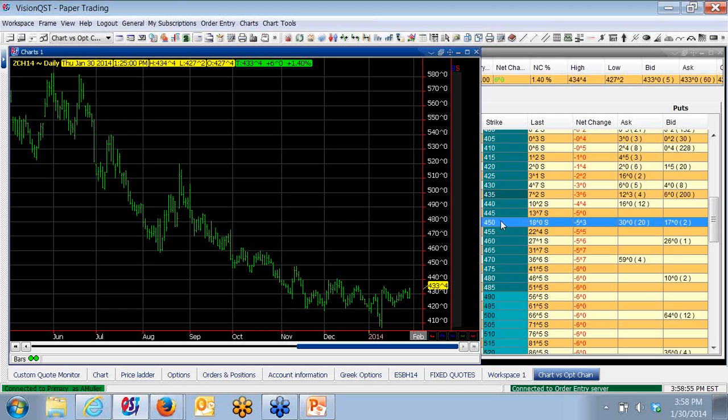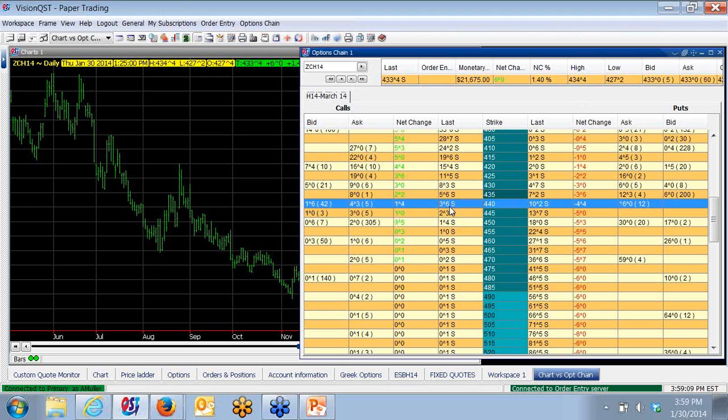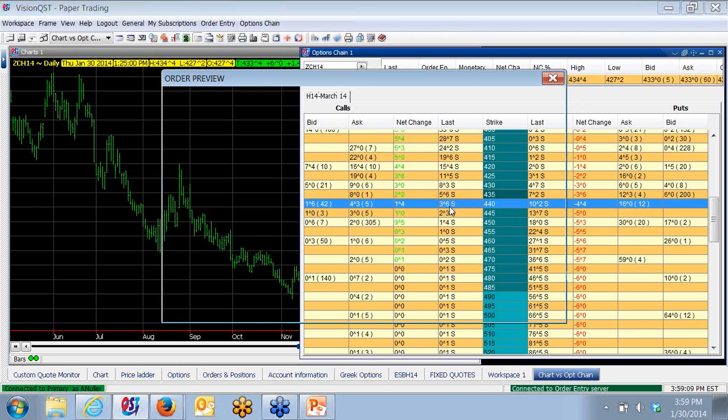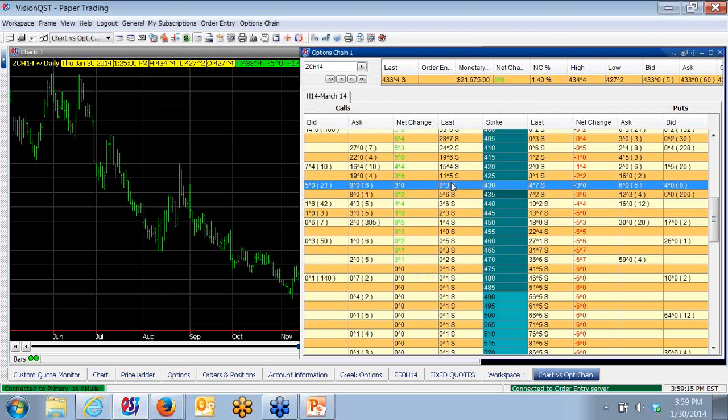And that is why, as you can see, and let's look up and down the calls and different strike prices, the closer you get to the money, the deeper you get in the money, the higher the price of the option. And here, as you look at the 430, it's slightly in the money. The 420 is even more in the money.